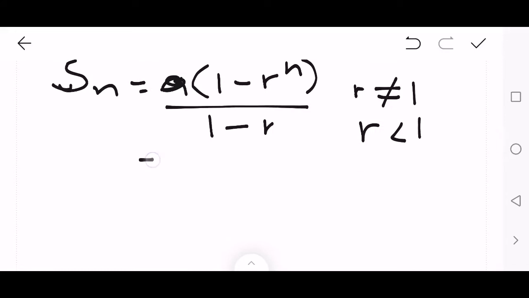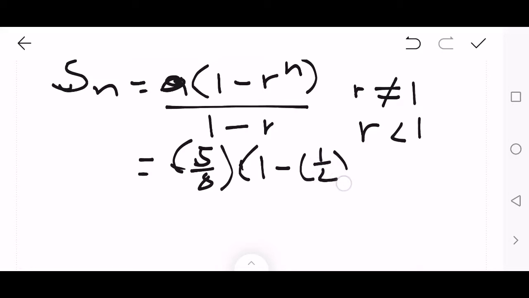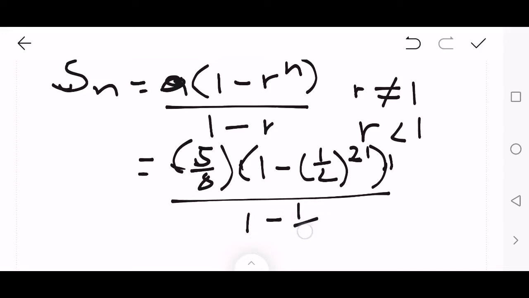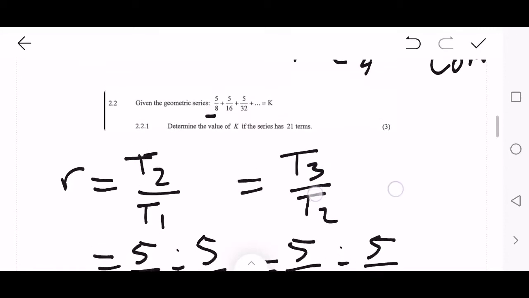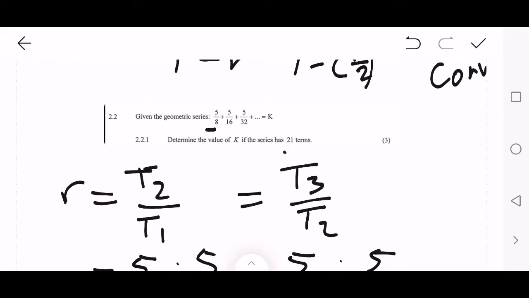So substituting the values, we have a, which is 5 over 8, into 1 minus 1 over 2 to the power 21, all over 1 minus 1 over 2. We're raising the value of r to the power 21 because we were told that there are 21 terms.